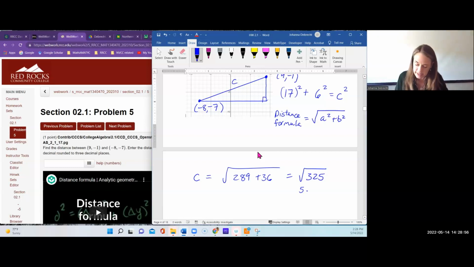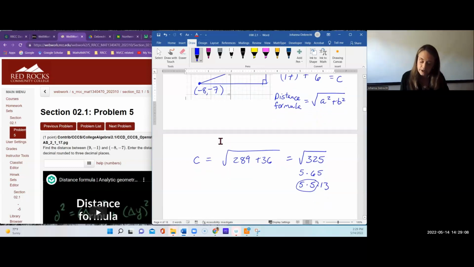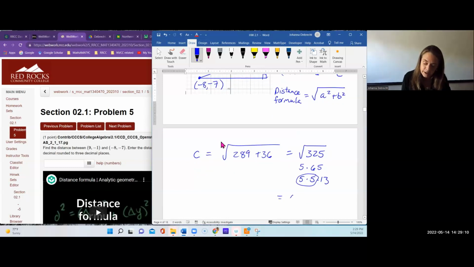5 times 65. Then I want to factor 65, which ends in a 5. So it also has a 5. And that gives me 5 times 13. I have a pair of 5. So 1 5 comes out. And that gives me 5 times the square root of 13.